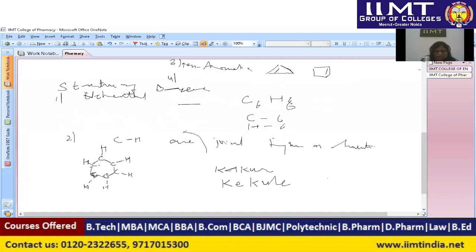The structure which came out was this. Then he also said that this cyclic ring structure has single and double bonds. That means there is some unsaturation inside this, and the unsaturations can be drawn as alternate double and single bonds.